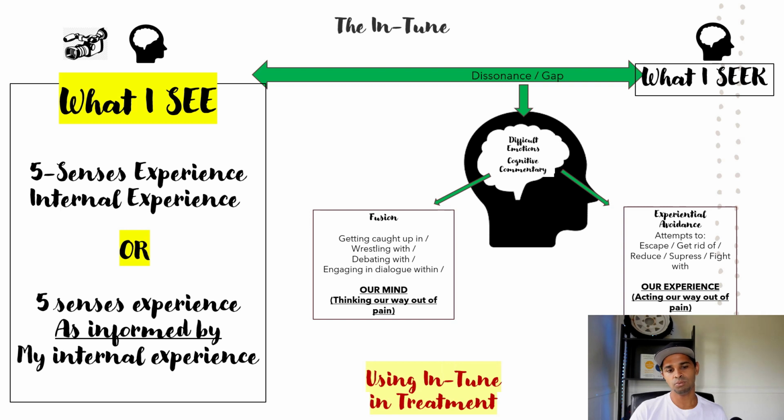If you imagine that what you see, your five senses experience, can largely be informed by your internal experience, as I've put down there. So for example, if you have an internal perception of yourself as a failure and inadequate and not good enough, and then you don't do well in a test, the reality you see might be very different to if you didn't have those beliefs about yourself and you didn't do well on a test.